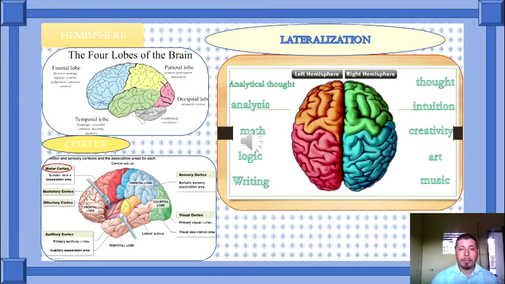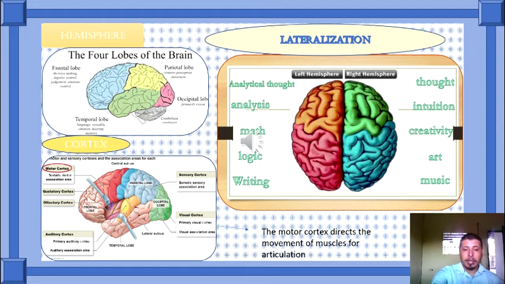So each one plays a specific role in language production because each one has its function of what it's able to do with the brain. And the motor cortex directs the movement from the muscle to the articulation. So here we have the motor cortex.